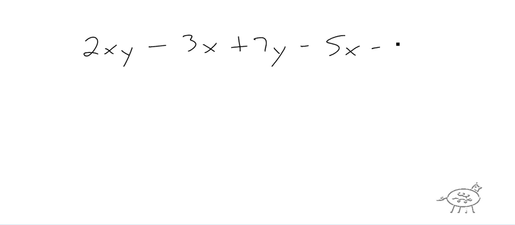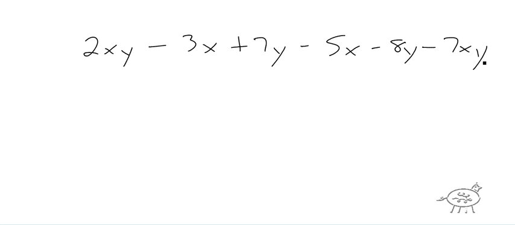Let's try one with two variables in there. How about 2xy minus 3x plus 7y minus 5x minus 8y minus 7xy.